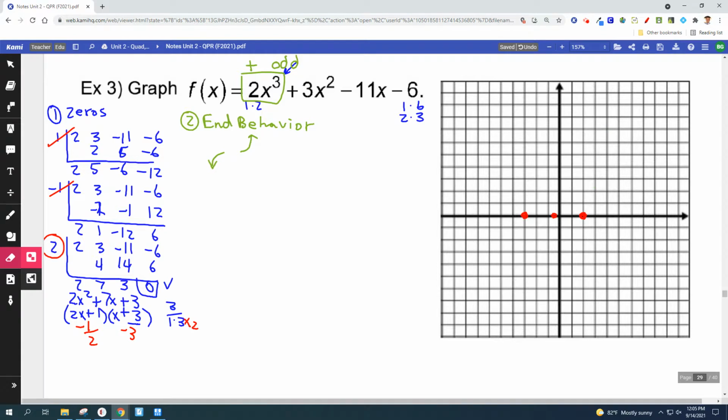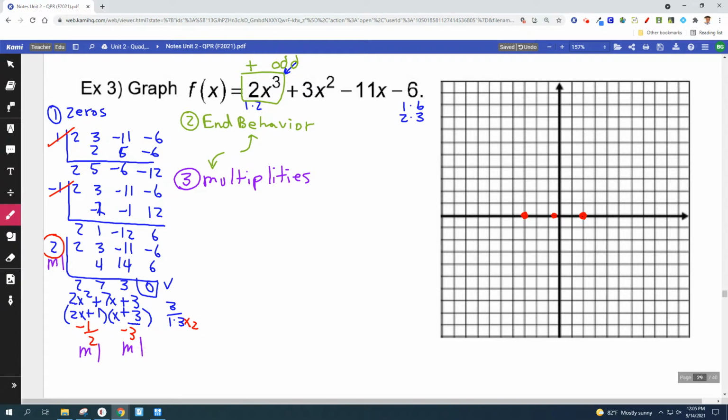We know this. Step 3 said use multiplicities. Well, our multiplicities: our 0 of 2 only happens once, and this one only happens once, and this one only happens once.